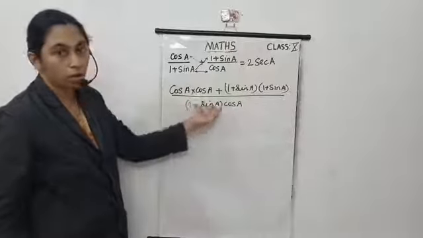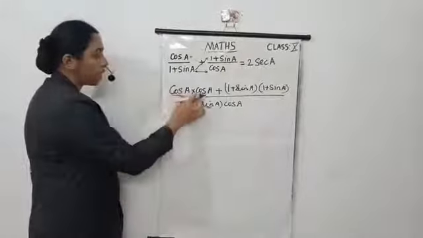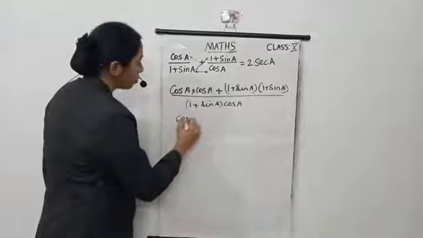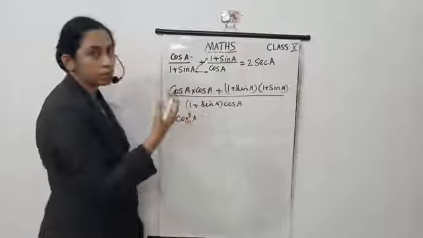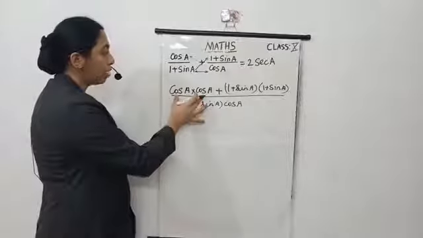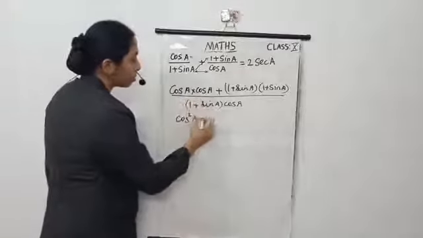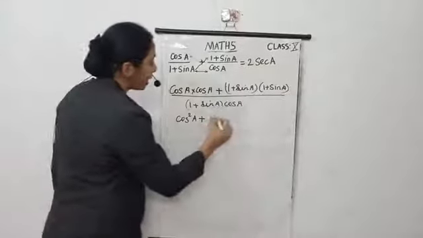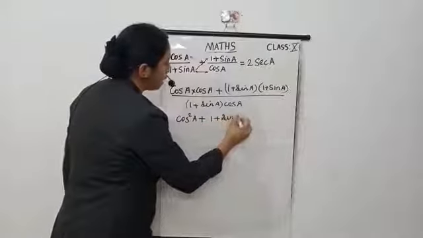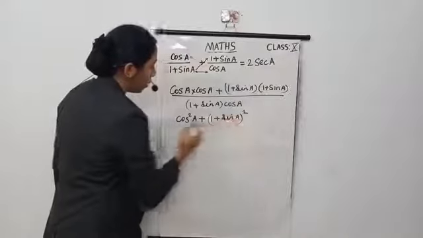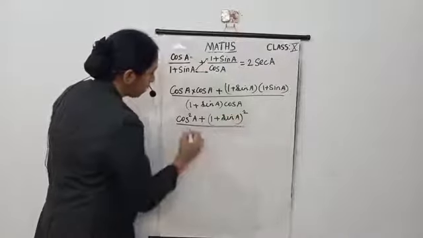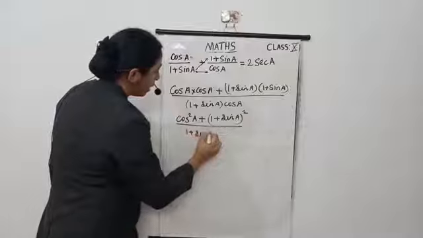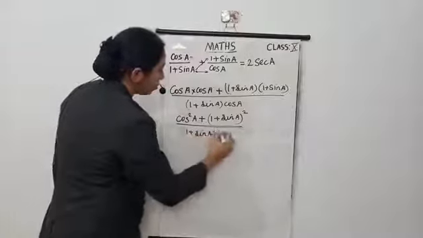Okay, I think all of you understand. Now cos A into cos A means cos square A. x into x means x square, like that. Same like (1 plus sin A) into (1 plus sin A) means (1 plus sin A) whole square, by (1 plus sin A) into cos A.